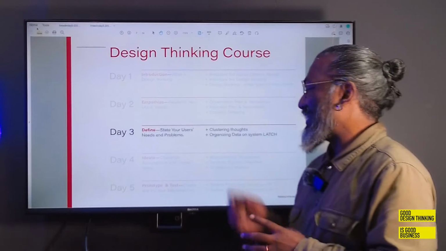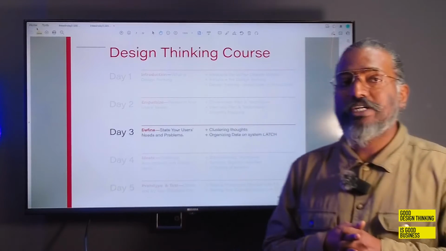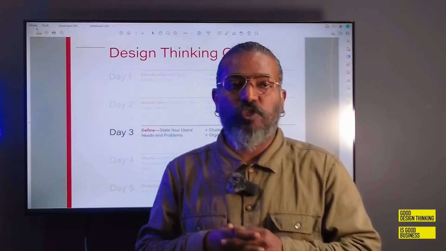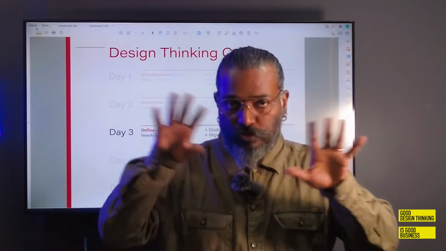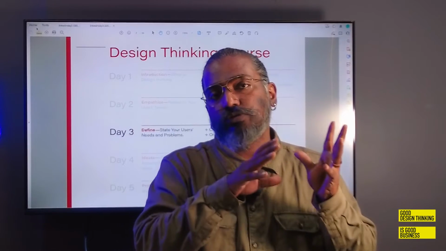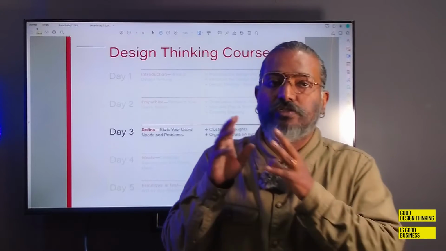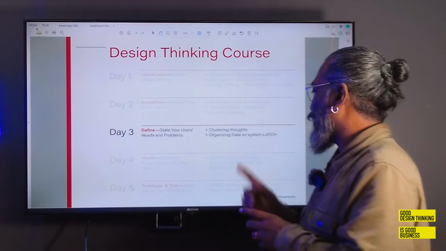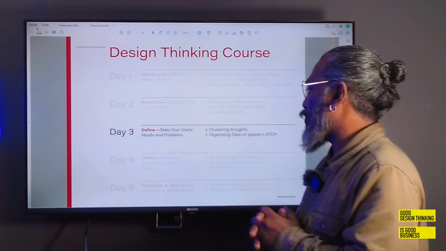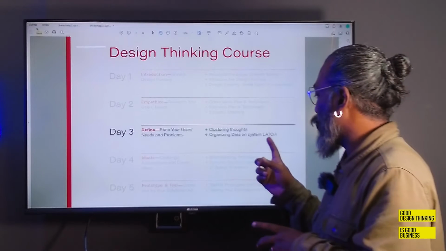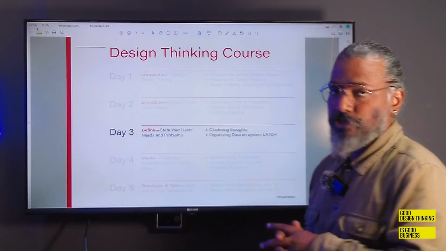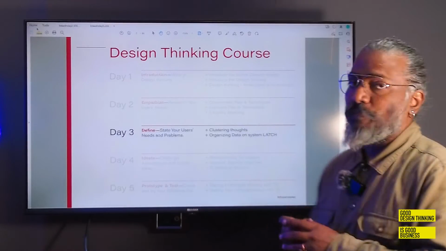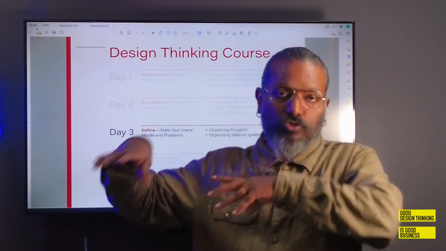One is clustering thoughts, a technique which is used to cluster your ideas in groups so that you start seeing what are those main problem areas or issues that need to be addressed. And then there is another tool which I'm going to share with you, LATCH, which is called latch. So it's again an organization tool.